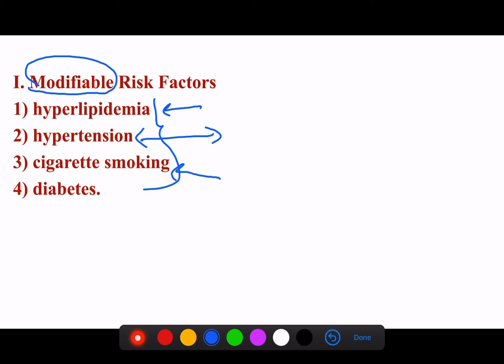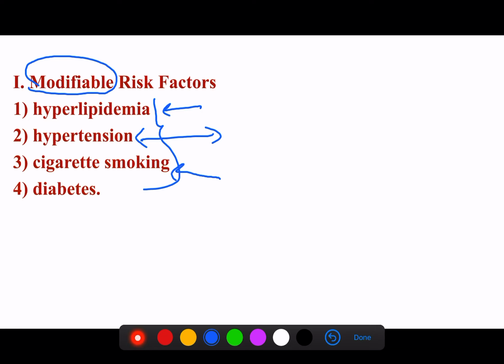Cigarette smoking, as we know, makes severe damage within the body. Also, cigarette smoking is linked with atherosclerosis. The more cigarette smoking, the more atherosclerosis incidence.